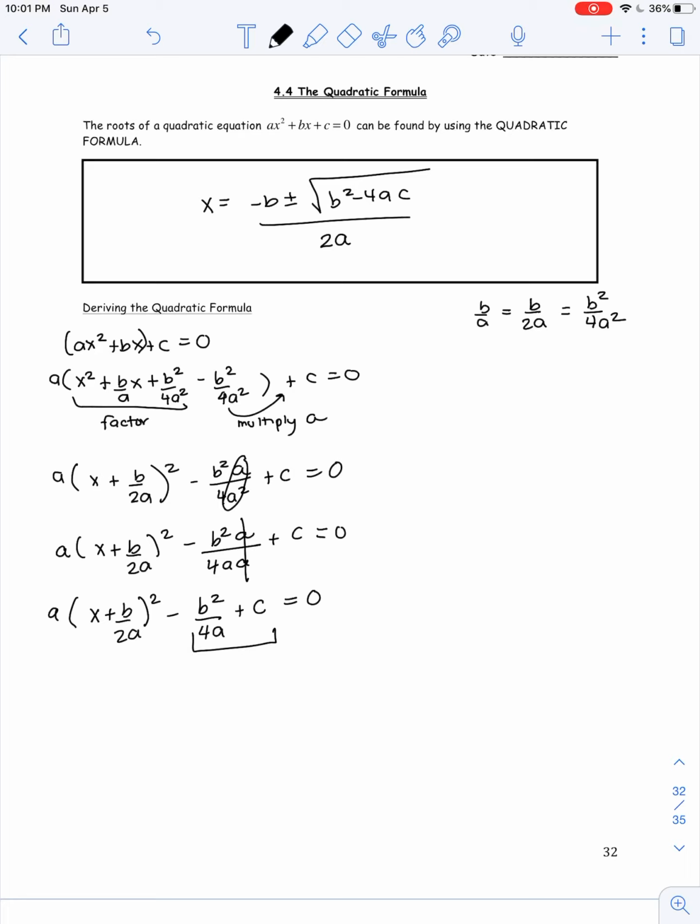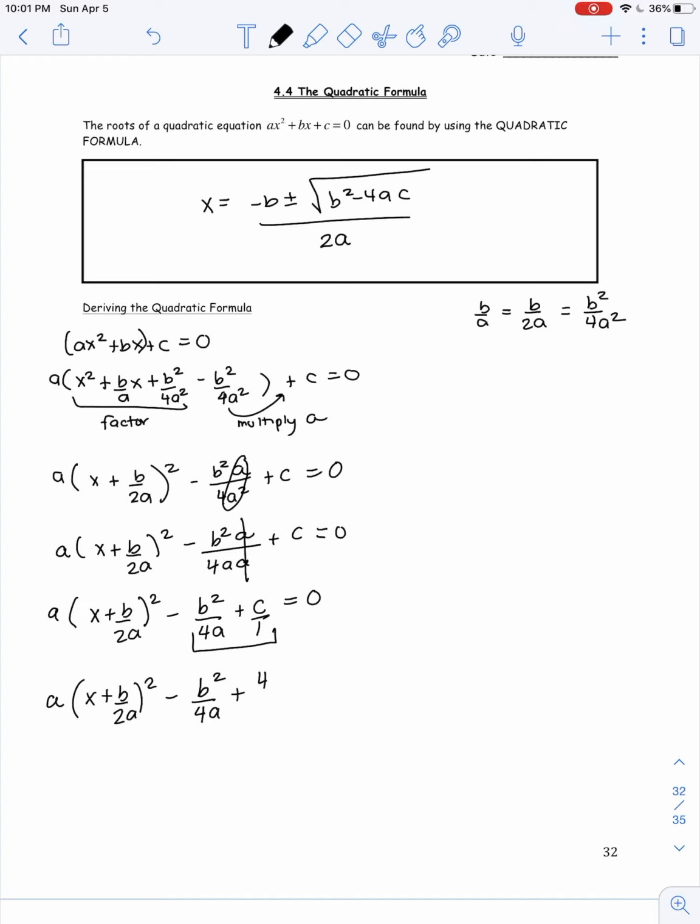Our next step is to join these by getting common denominators. So we have b squared over 4a, and then we multiply the top and bottom of the c, because right now there's a 1 underneath it, even if you don't see it.